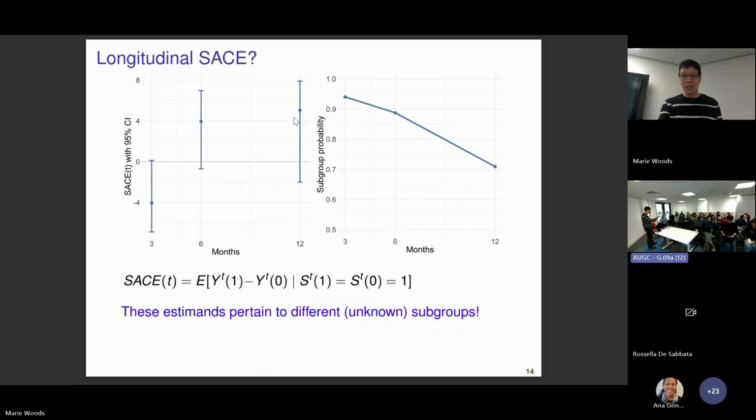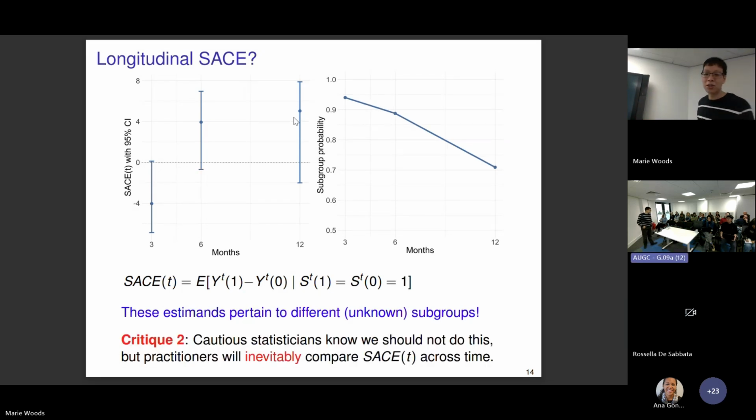So you can come up with these 3 different estimates, but if you show a plot like this on the left-hand side, people will always try to compare these estimates over time and tell a story about how this treatment effect changes over time. But this is actually not right, because these treatment effects are for different groups of people.